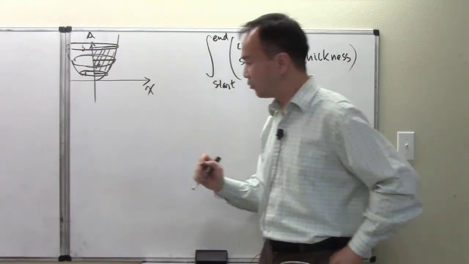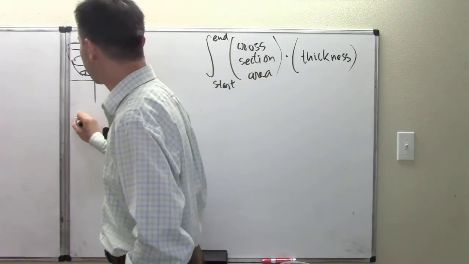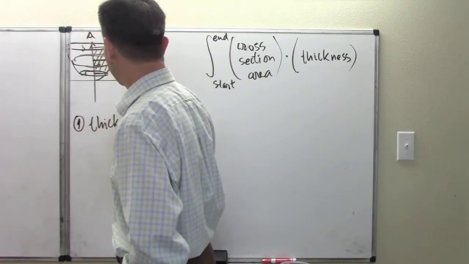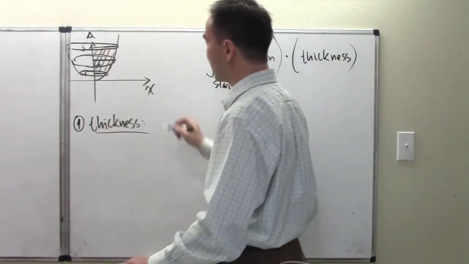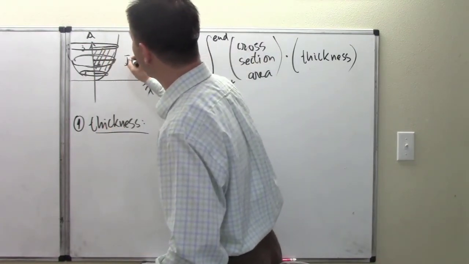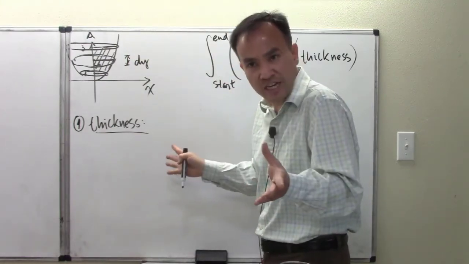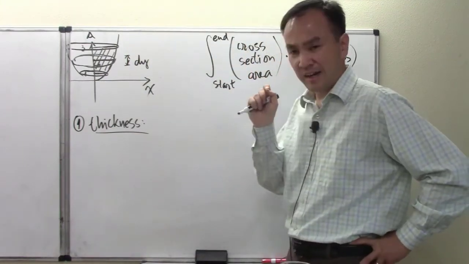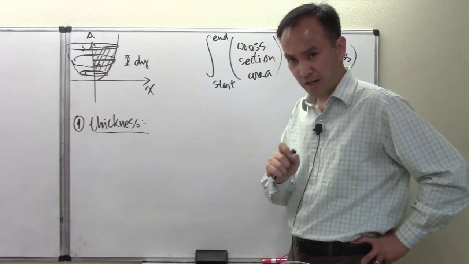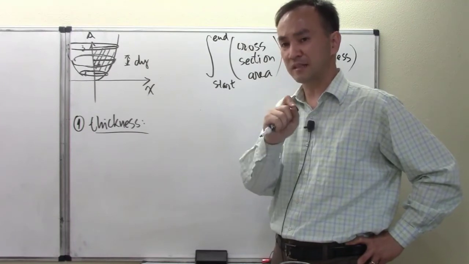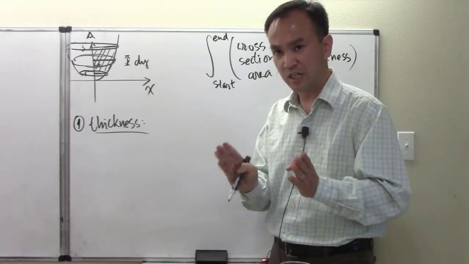Here, we're going to start by finding the thickness first. The thickness for each disk, as I explained earlier, depends on the way we place each of our disks. Just like I explained in the general lecture, every single thing that comes out is a consequence of how we extract the information from the description of the problem.